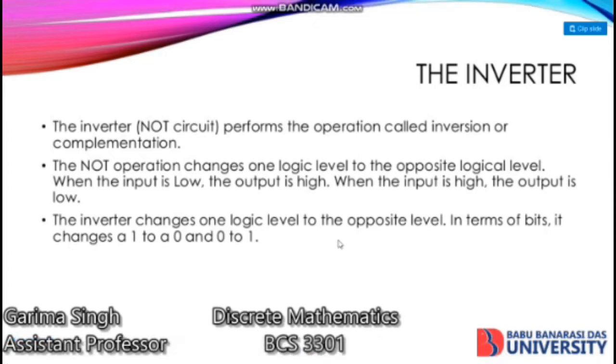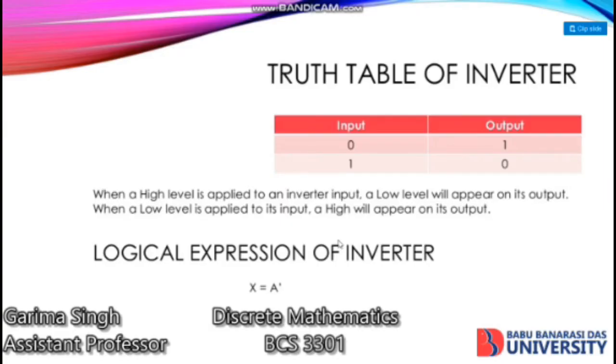When the input is low, the output is high, and when the input is high, the output is low. The inverter changes from 1 to 0 and 0 to 1. The truth table for the inverter or the NOT gate is: if the input is 0, the output will be 1, and vice versa.